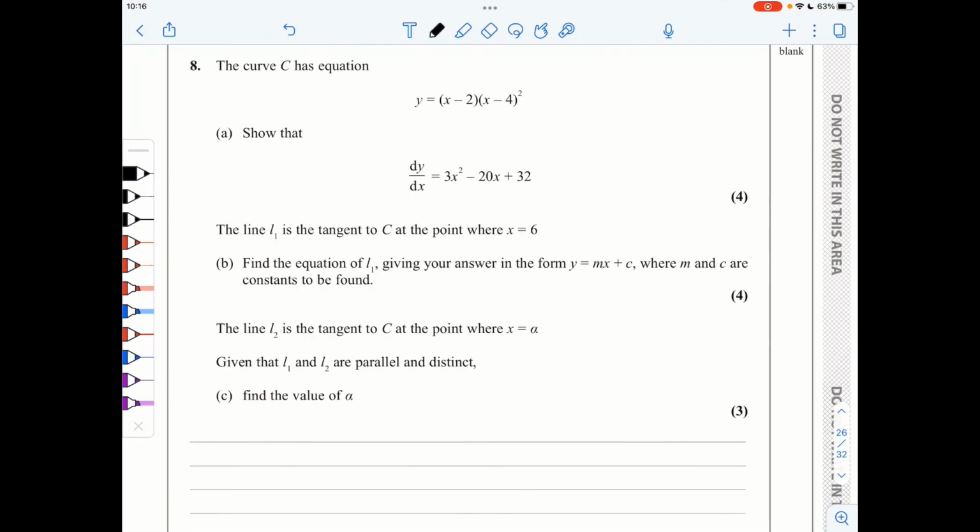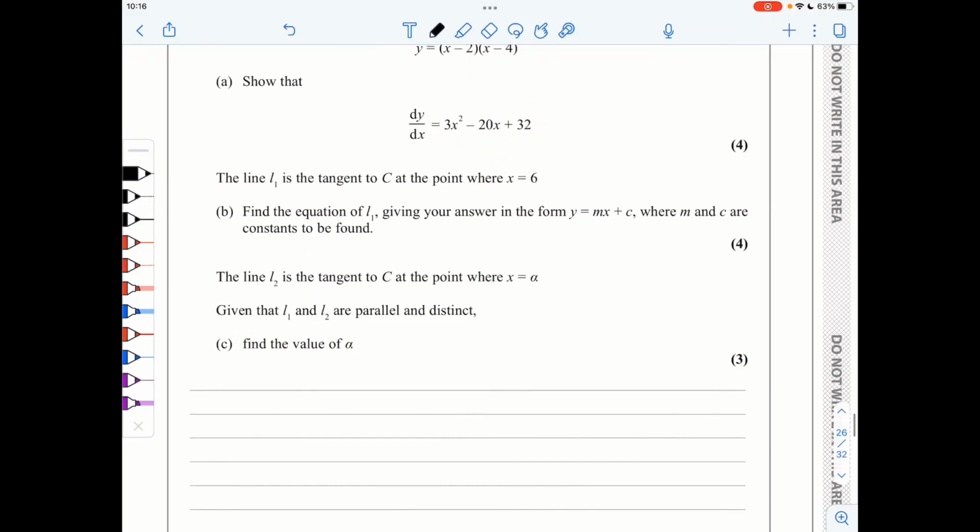Question 8. We are being given this cubic, y is (x minus 2)(x minus 4) squared, and we need to show that dy/dx is 3x squared minus 20x plus 32. And I can only start by expanding the expression for y. So we have (x minus 2)(x minus 4) squared.